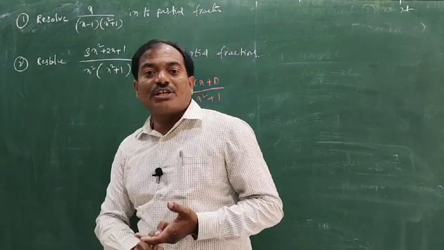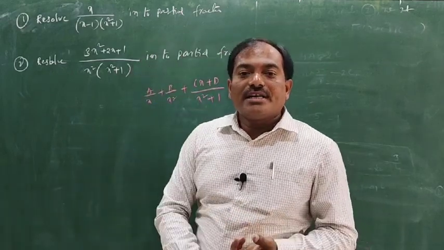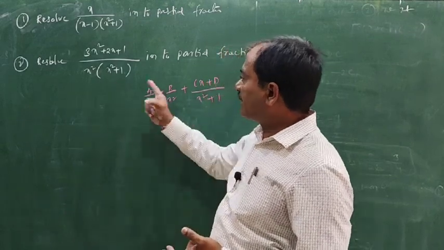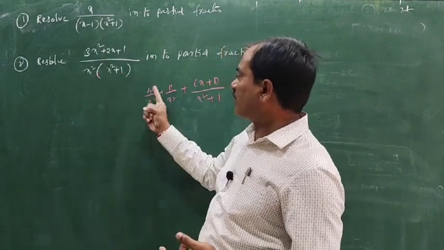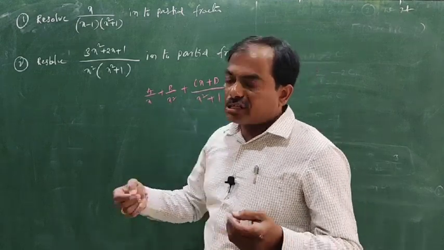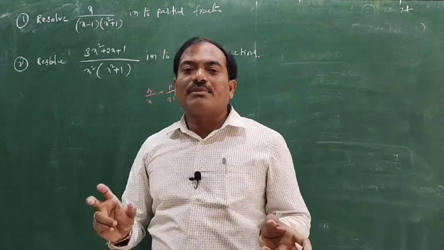Why? Because this is an irreducible quadratic factor. This is the process of finding the solution. Then find the A value, B value, C value and D value by using either the substitution method or the comparison method.